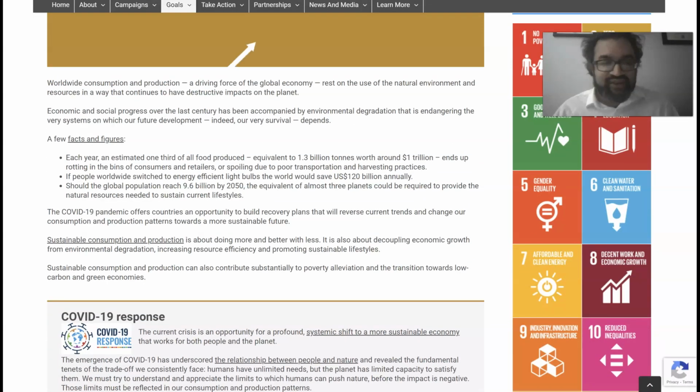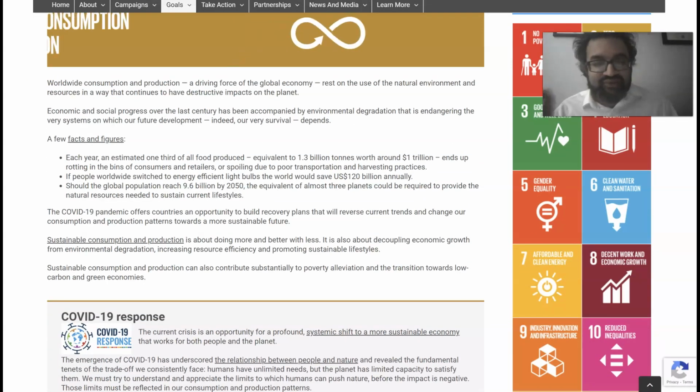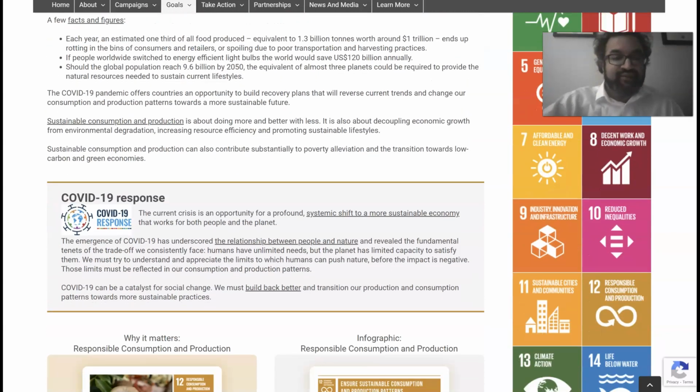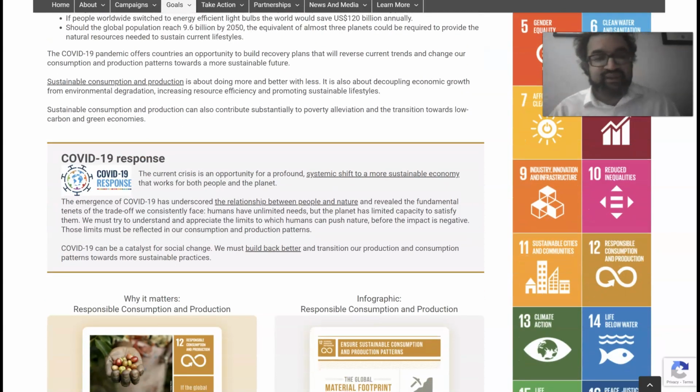Sustainable consumption and production is about doing more and better with less. It is also about decoupling economic growth from environmental degradation. With the current crisis of the COVID-19 response, and it's still ongoing, there is a systemic shift to a more sustainable economy.